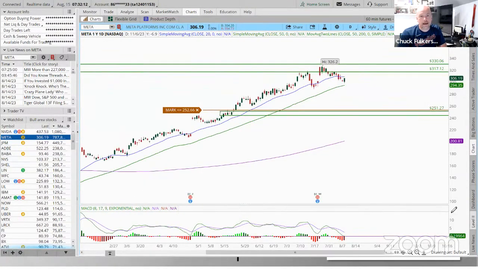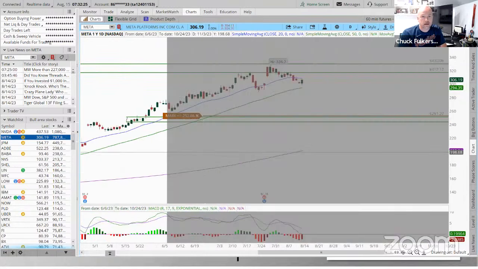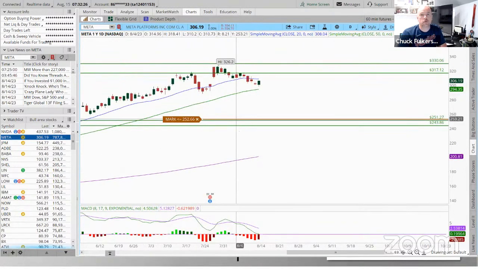When I look at Meta, it's sitting really pretty in my bull area with a candlestick reversal pattern that just completed yesterday. What's my candlestick reversal pattern? We've got a bullish engulfing pattern right here.